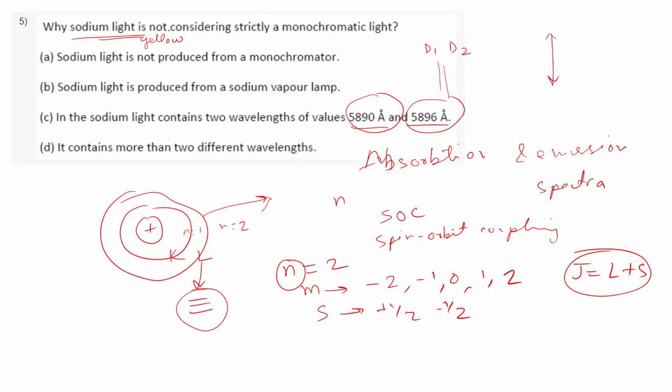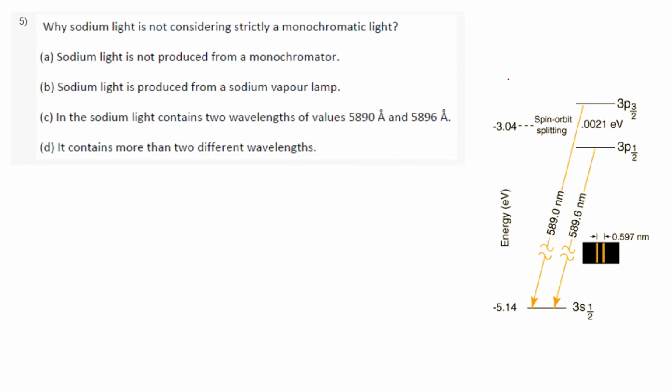So why is sodium light not considered strictly monochromatic? Because it is constituted of D1 and D2 lights, which have already been discovered. So we know that it is not a monochromatic source, and sodium light contains two wavelengths. And why it happens is this diagram I am showing.